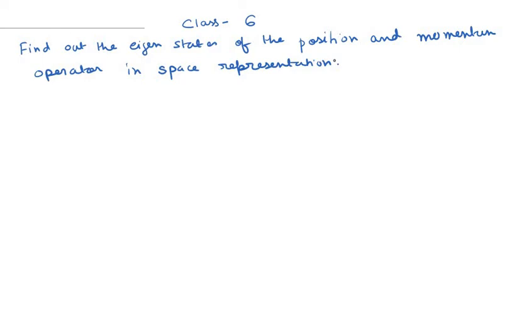Space representation basically means a representation where the basis vectors consist of space solutions of the eigenstates.